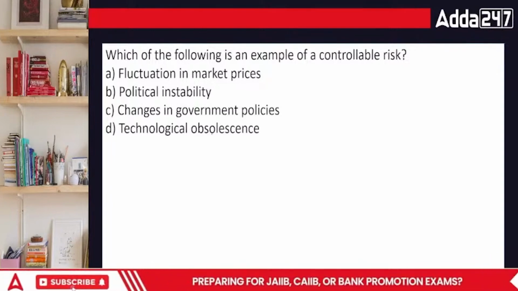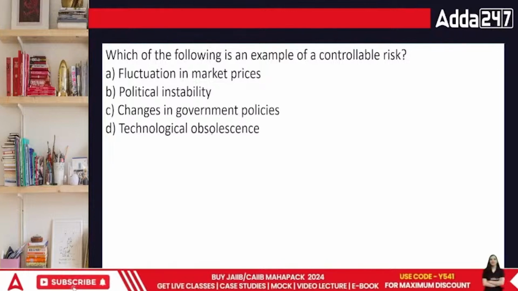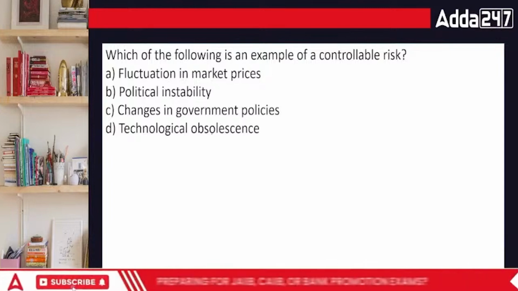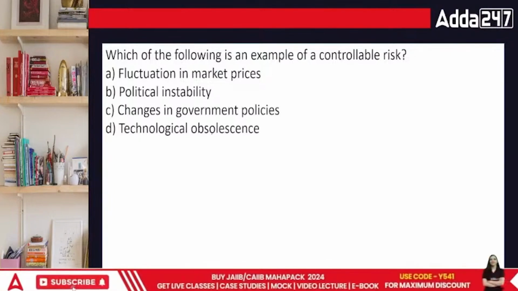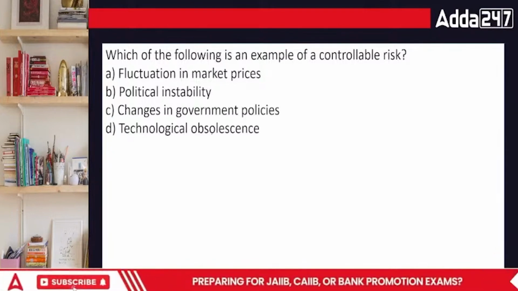Then what's the next thing? Changes in government policy is not in our hands. Last is technological obsolescence. Is it in our hands, everyone? What is an example of controllable risk?